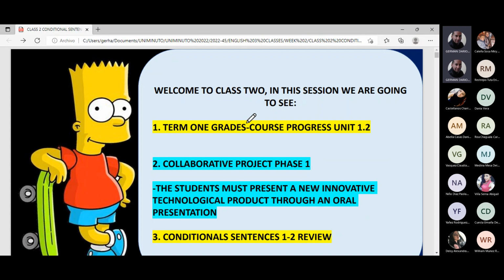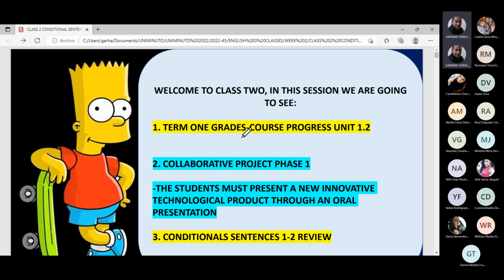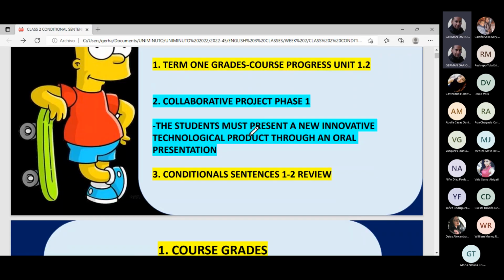In the second part of the class, I'm going to explain everything related with the Clotted project. And remember that today we are going to start with the first task of this Clotted project. And finally, I'm going to explain the conditional sentences if we have time, conditional number 1, and if we have time, conditional number 2.